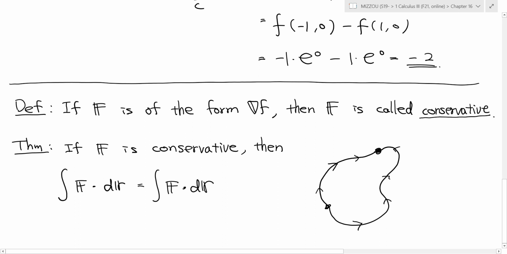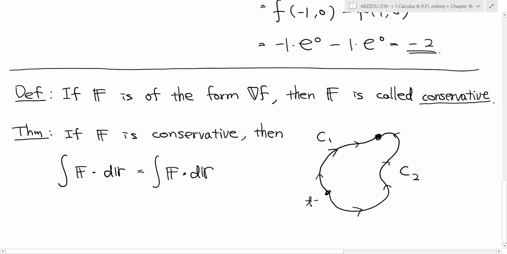The curve on the left is C1, the curve on the right is C2. At t equal to a, the starting point, you are here, and the end point is here. So suppose you have two different curves sharing the two endpoints. In this case, those two line integrals are equal because that's what the fundamental theorem says.